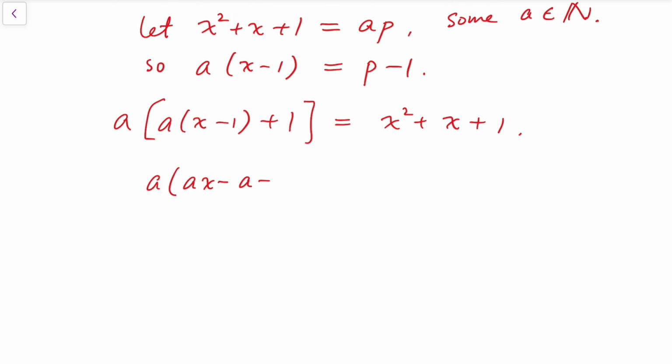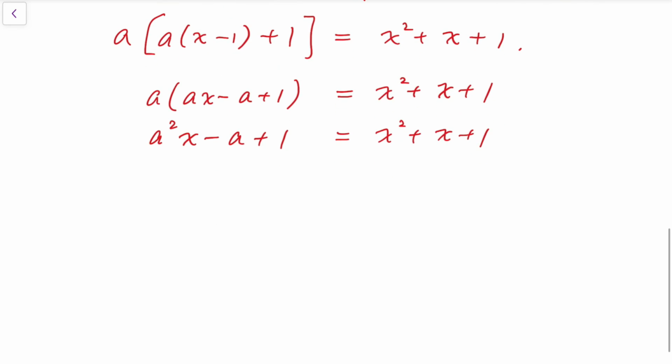So simplifying, we have to keep expanding the left side, and we have a quadratic equation about x. So this should be minus a squared plus a for these two terms. Then moving them to the right side, we have a squared minus a plus 1.